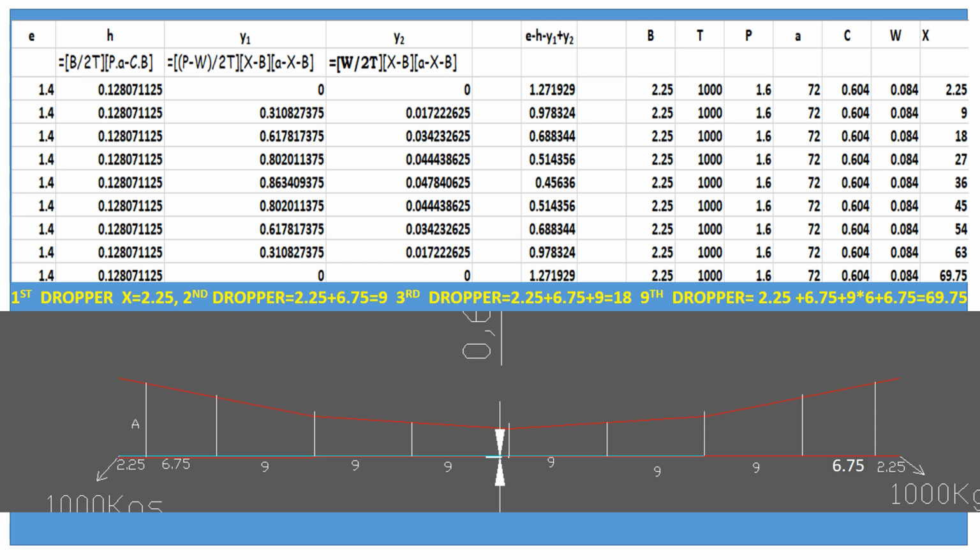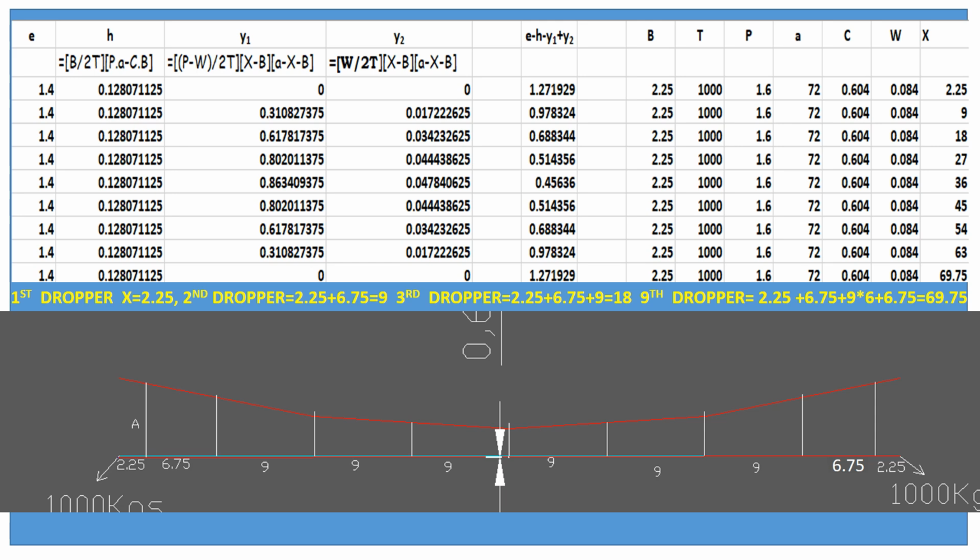Some other cases are also there, where one end is 1.4 and the other end is 900 millimeter, or 0.9. So implantation at one mast is 1400, but at the other mast is 900. In that case, that can also be found out. What you have to do: 1400 minus 900, divided by the number of droppers, the dropper spacing.